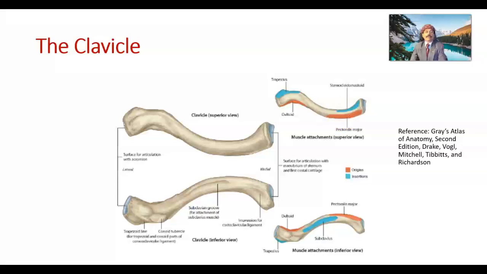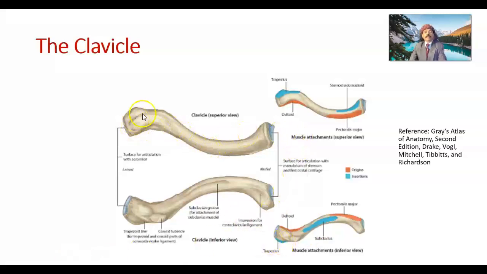Here again, deltoid origin, and the pectoralis major origin is here. This is the insertion of subclavius, a thin muscle that actually protects the underlying structures, and this is the insertion of the trapezius here.